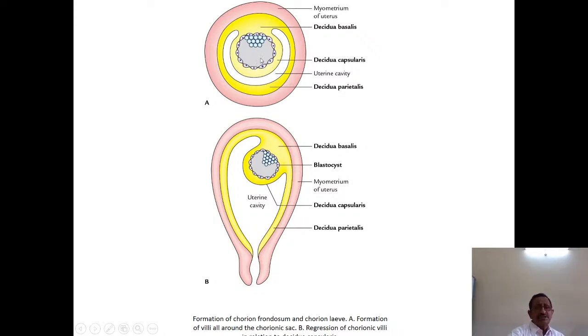Opposite to it, where it is covering the top of this blastocyst, we are calling decidua capsularis. The other part of the endometrium, that is covering the inner aspect of the uterus, we are calling decidua parietalis. So here again we are seeing decidua basalis, decidua capsularis, and this part we are seeing decidua parietalis.